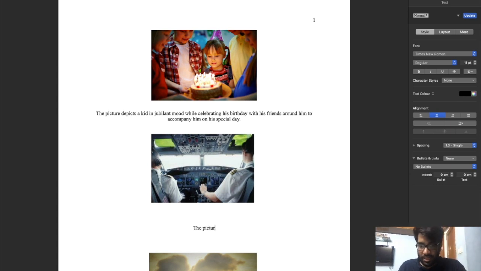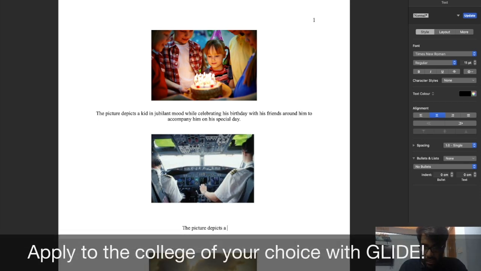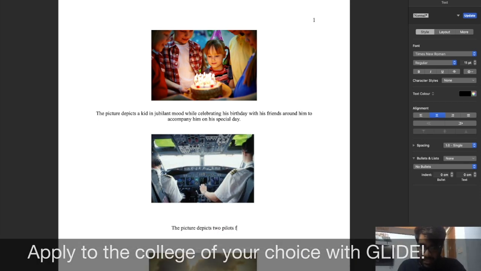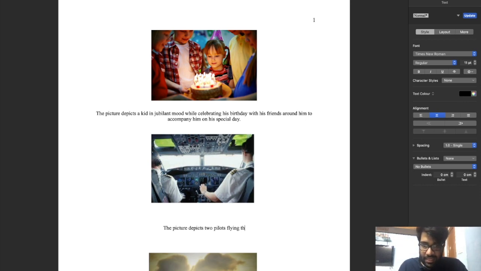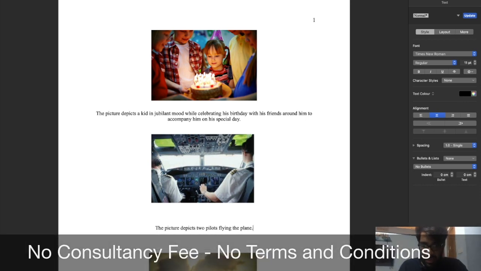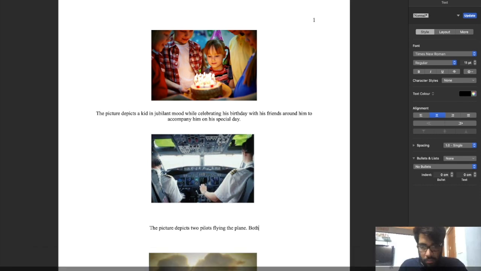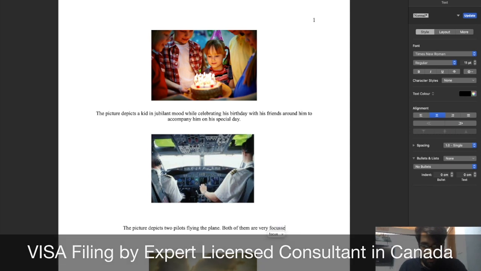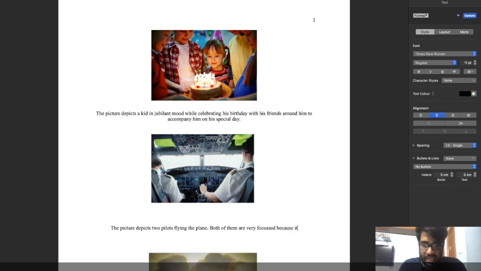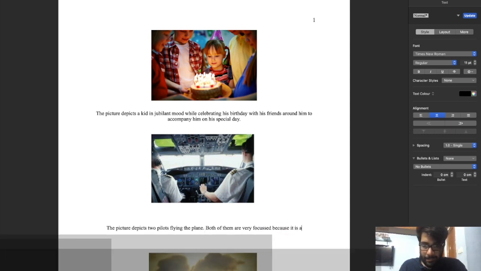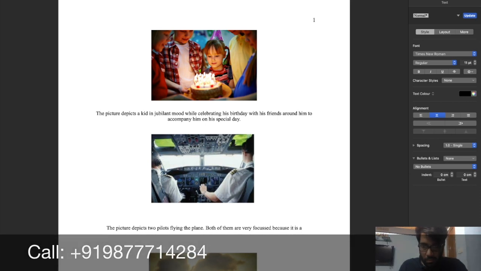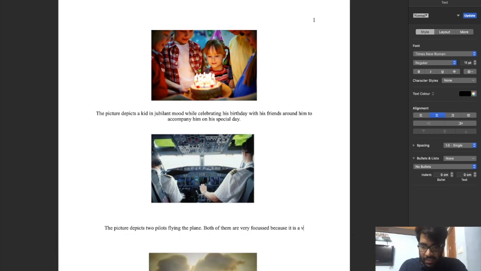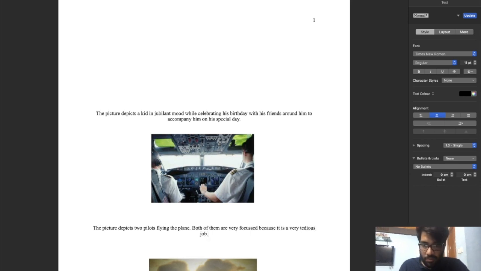The picture depicts two pilots flying the plane. Both of them are very focused because it is a very tedious job.